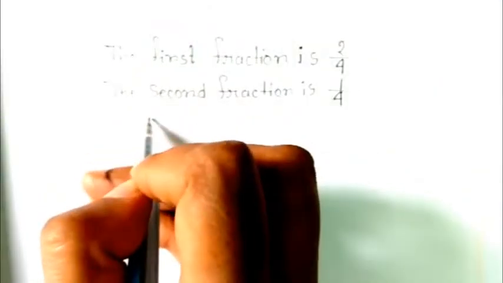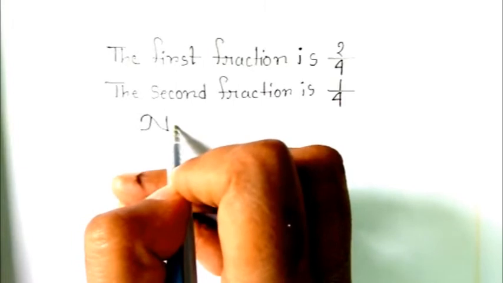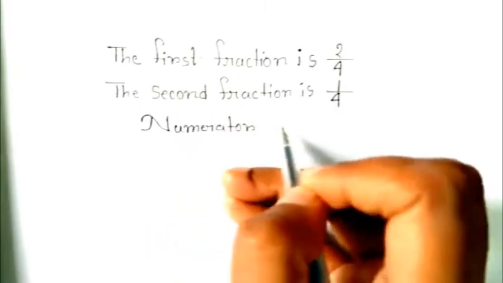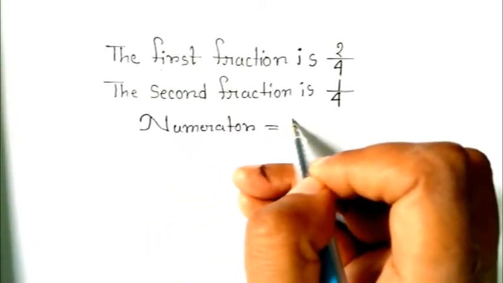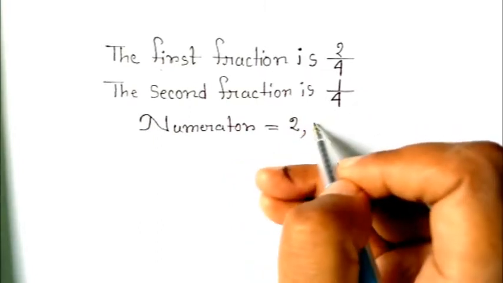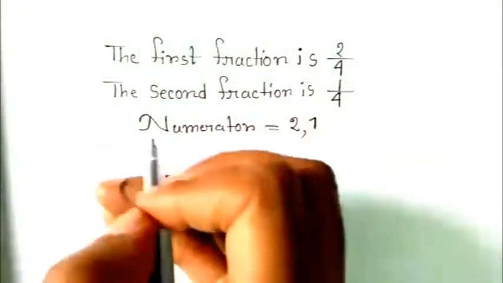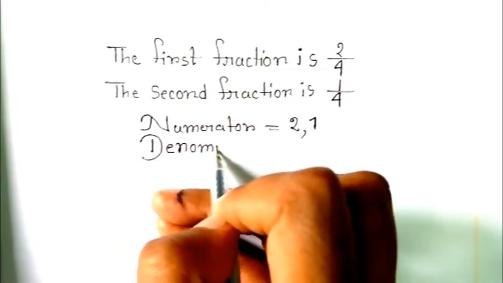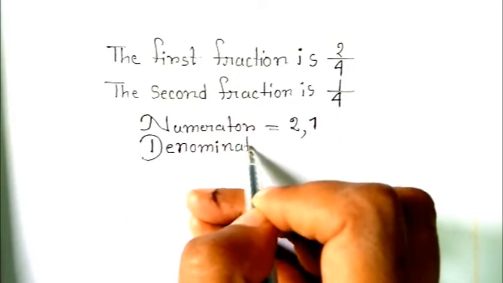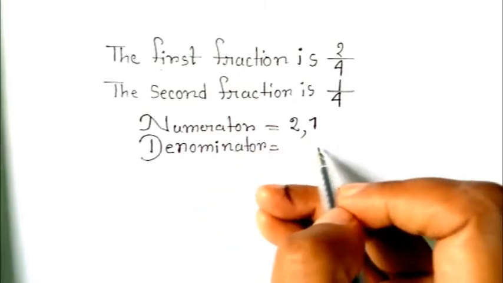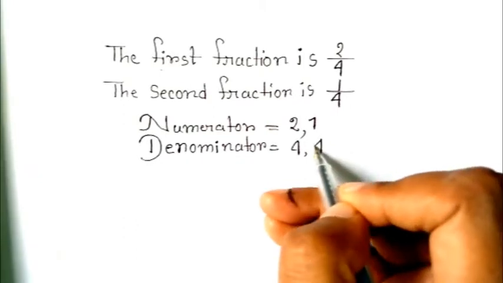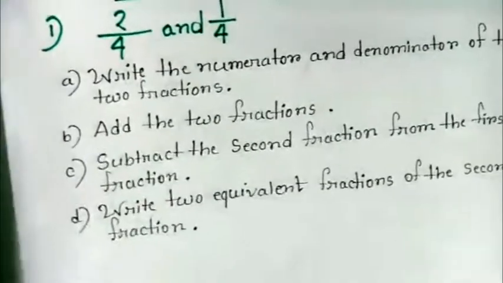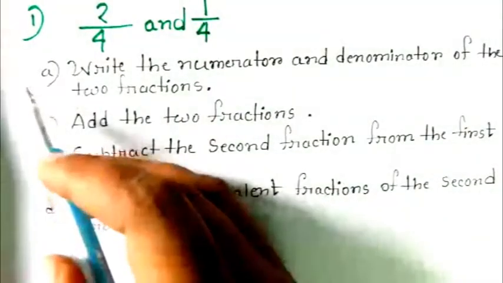So here, numerator 2 and 1, and denominator 4, 4. So we have solved number A.